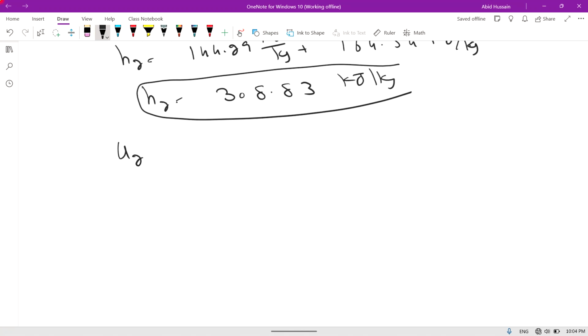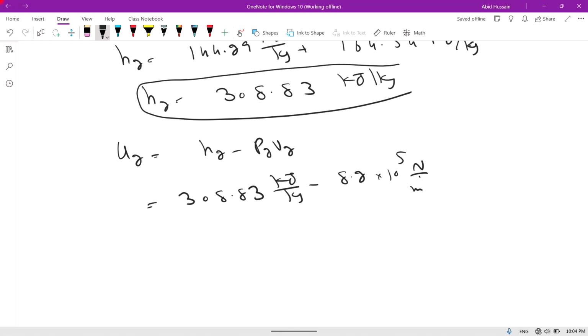So u2 is equal to h2 minus p2 v2. So h2 is equal to 308.83 kilojoule per kg minus p2. p2 is 8.2 bar, and 1 bar is equal to 10 power 5 Newton per square meter, and v2 is equal to 0.024187 meter cube per kg.